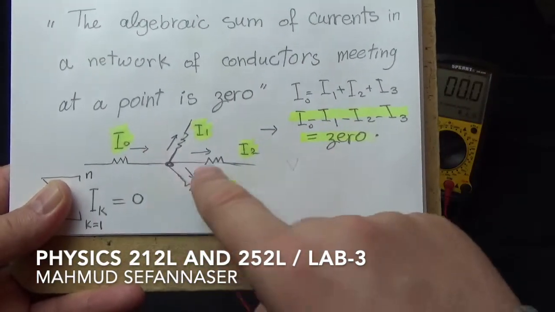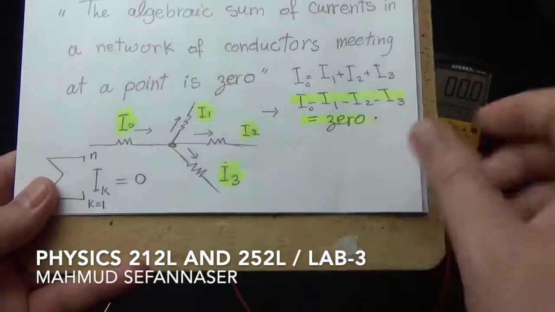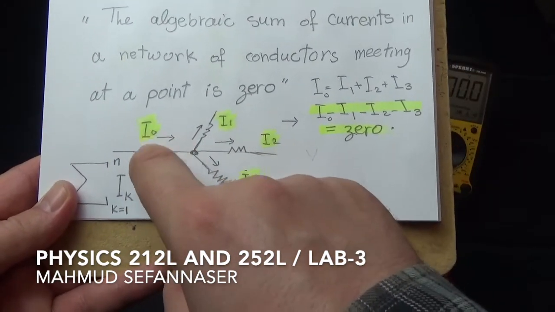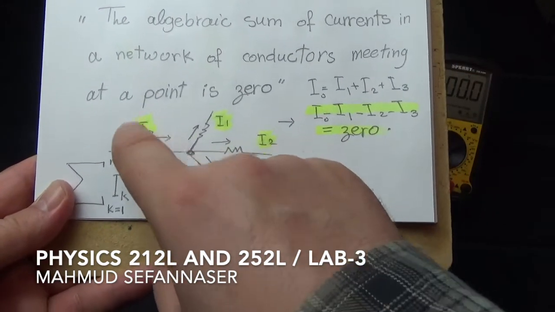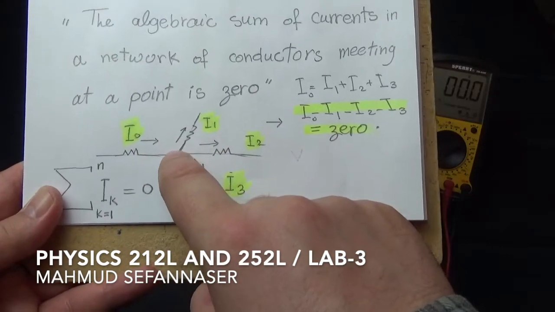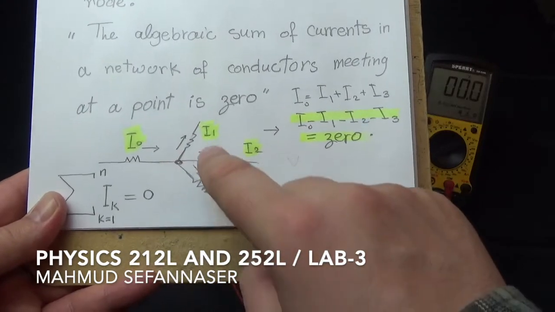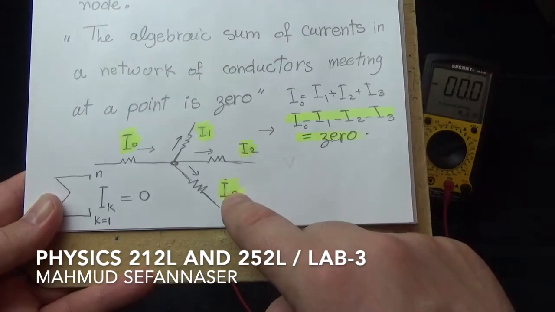As you can see here, in this figure, we have current going through this resistance, and it is I0, and once this current reaches this point, it will be divided into 3 currents, I1, I2, I3.